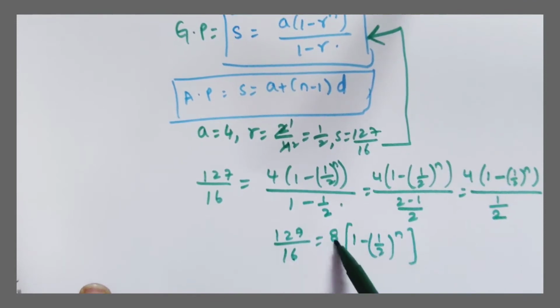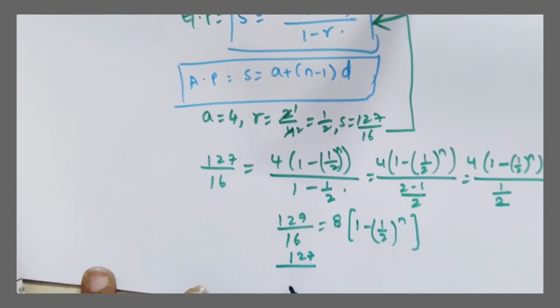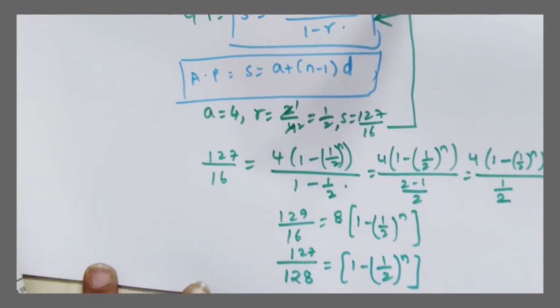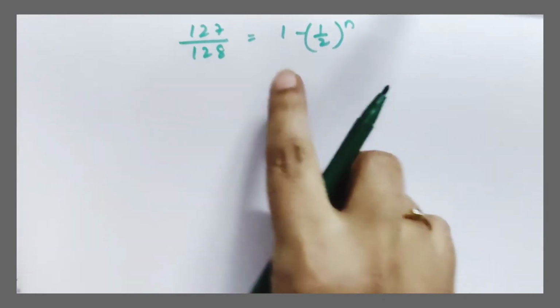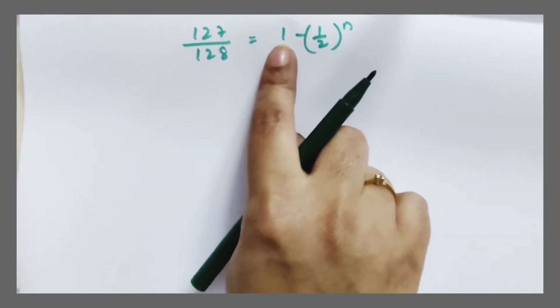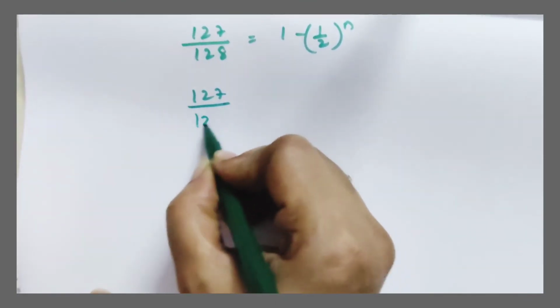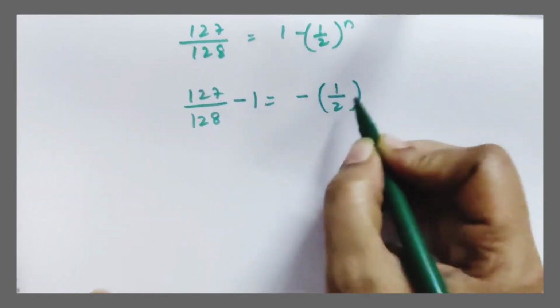Now this one and this one can be multiplied over here. So this becomes 127 by 128, since 16 into 8 is 128, equal to 1 minus 1 by 2 whole power n. Next, if you take this 1 over to this side, it becomes 127 by 128 minus 1 is equal to minus 1 by 2 whole power n.